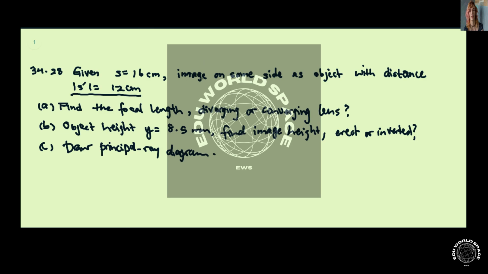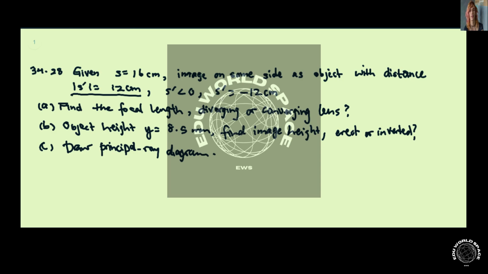But before doing so, let me draw attention to why I wrote this as the absolute value of S. We're told that the image is on the same side as the object, which means that the image distance S prime should be negative. So S prime is actually minus 12 centimeters.